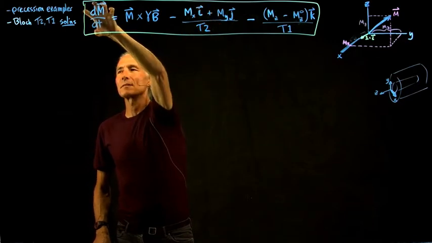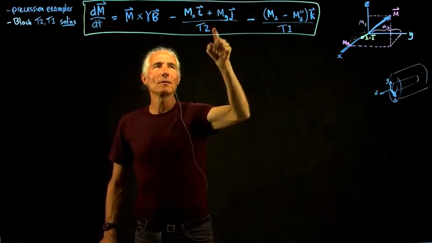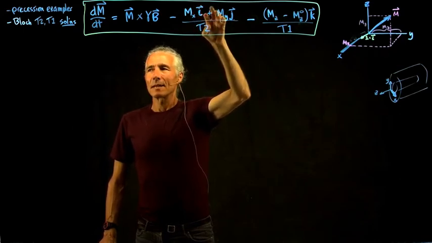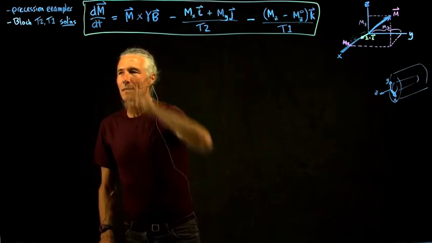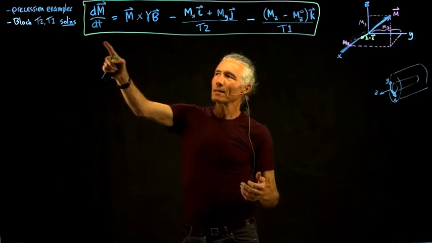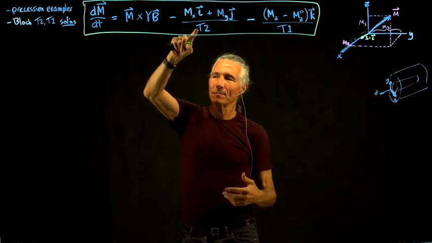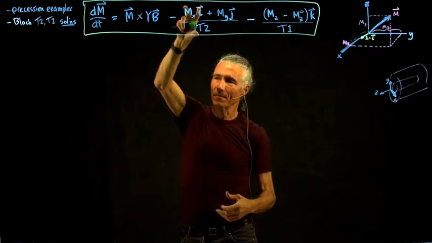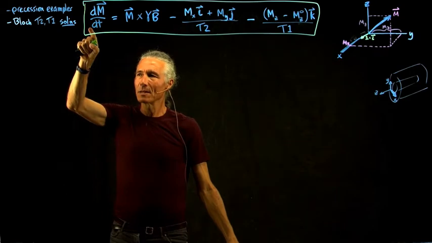So here's the change vector. This tells you how to change the vector. If this number is large, you divide whatever the current value of the x and y components of the magnetization is by a large number, then you get a small number, so there's a small update. And that makes sense. A long, large time constant means the vector changes more slowly. Whereas if you have a short time constant, a small number, you divide by a small number and you get a bigger number, and that makes the rate of change more rapid.